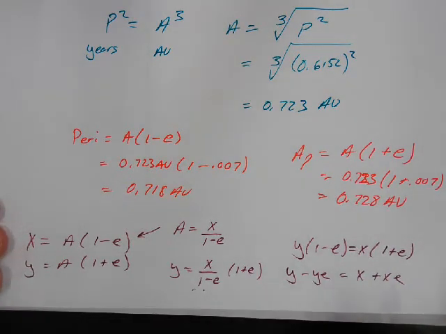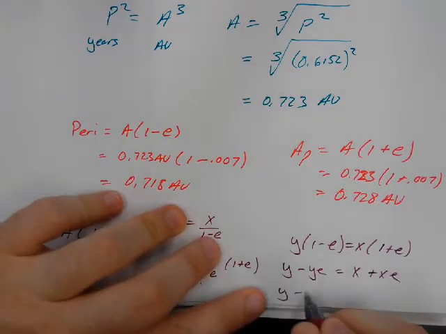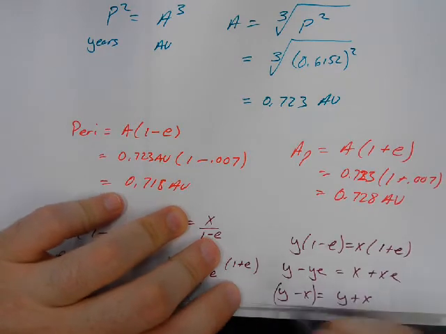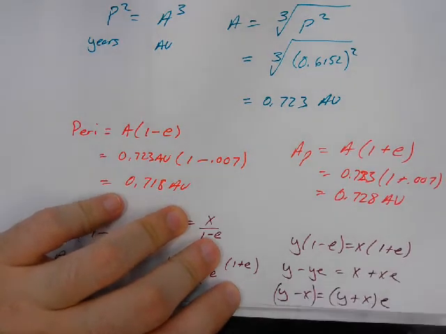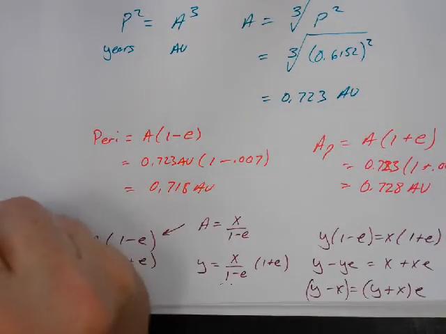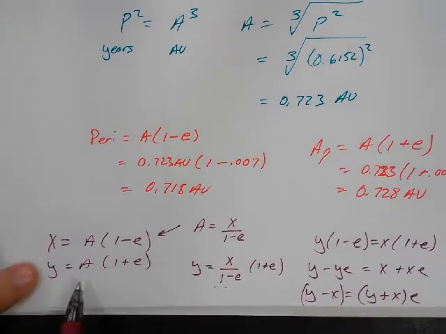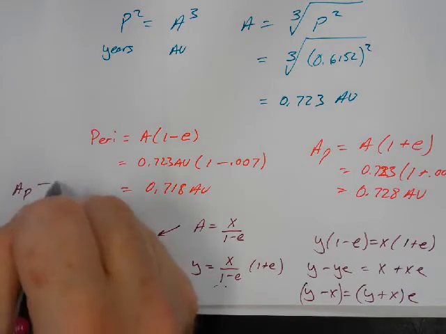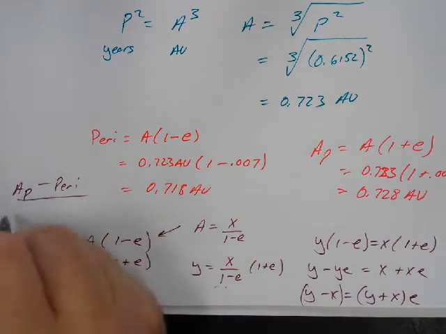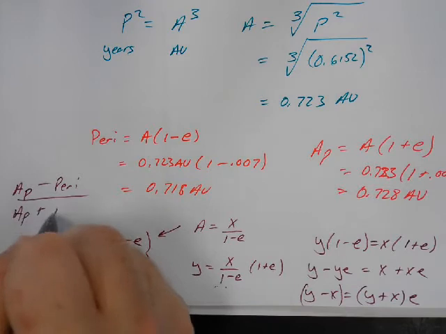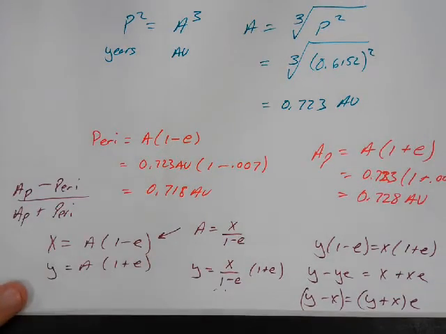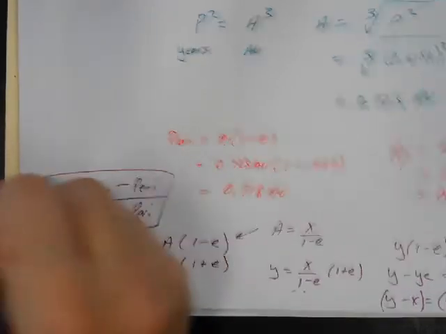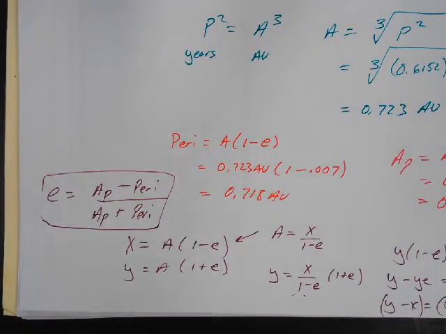And so eventually what we'll get is Y minus X is Y plus X times E. So you can find the eccentricity is, so Y was the aphelion. And so you can write it eventually like this, if you would like. It is possible to solve it.